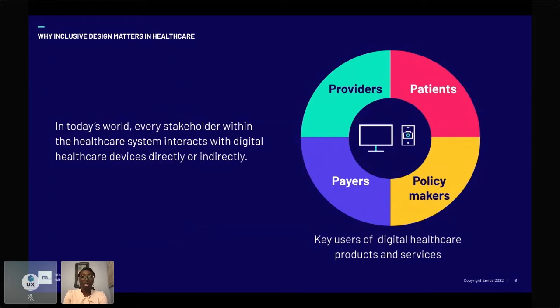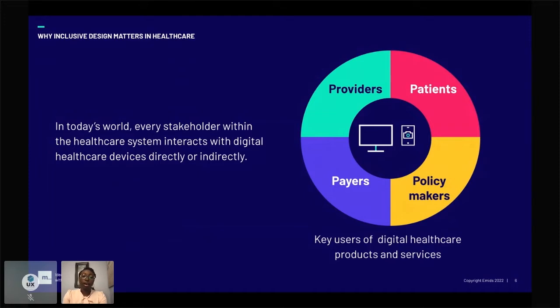Aside from the fact that they could be patients at one point or the other, even for their work, they sometimes use dashboards or data management systems. And so, if we look at our product, we will see that in a way, it's likely serving one or two or more or all of these key users in the healthcare ecosystem.